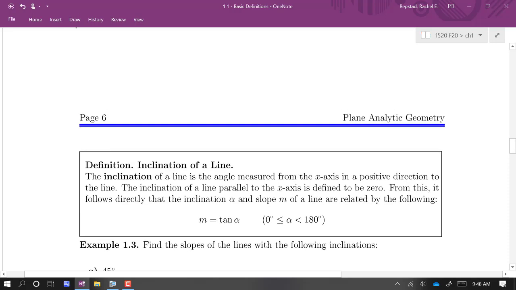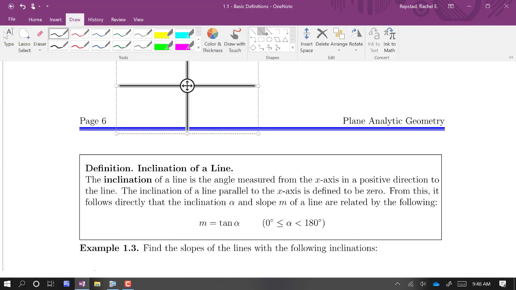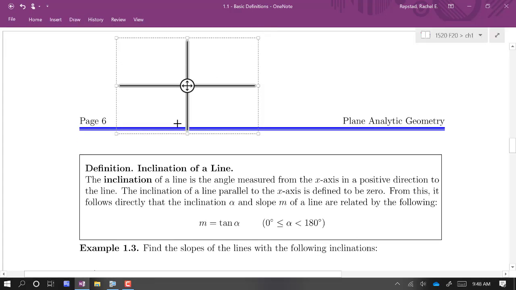So for example, here's my coordinate axes, here's a line. The inclination of this line is this angle right here. So I start at the positive x-axis and go counterclockwise till I meet the line.